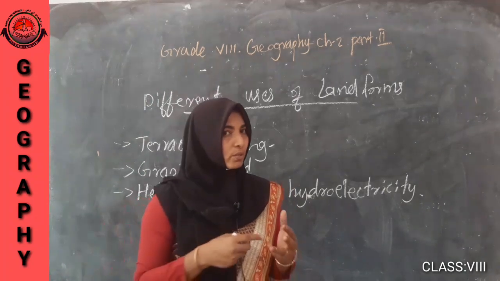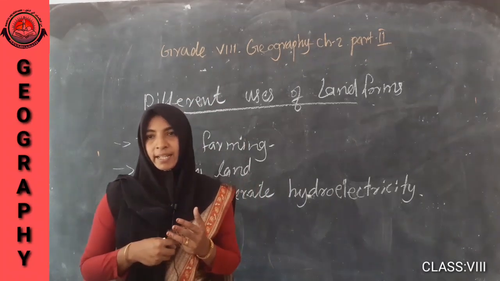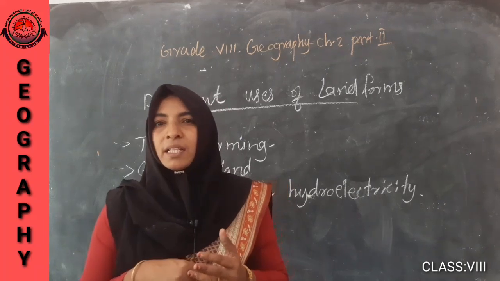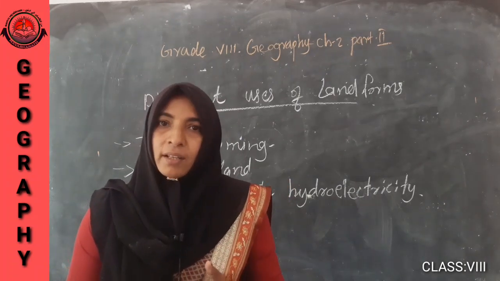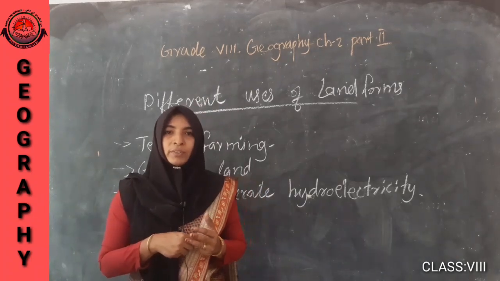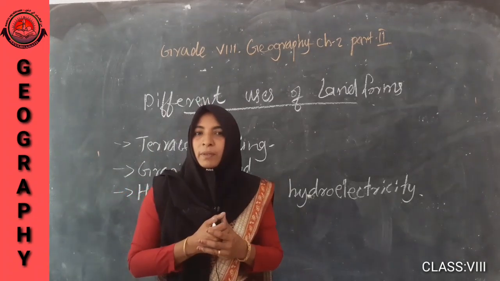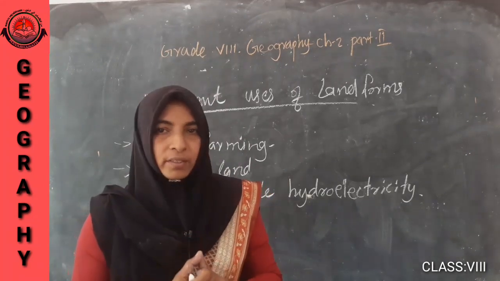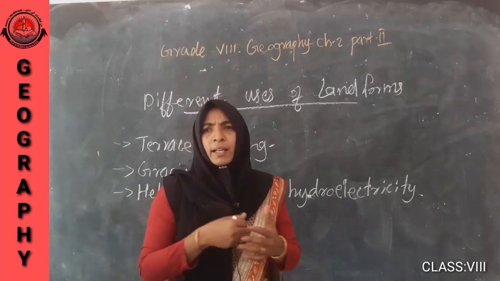That is why plateaus are populated areas. Why are the plateaus populated areas? Because of good climate and availability of minerals, which help the economic development of that area. That is why people prefer such places to live. Then what about plains?